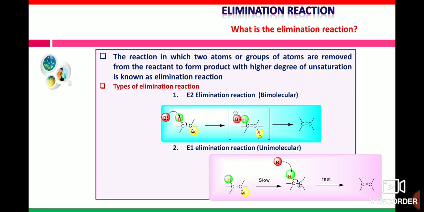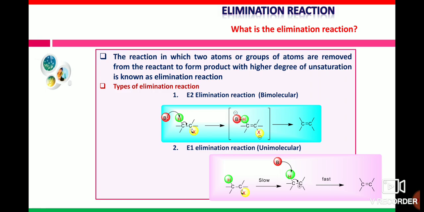In the second step, base abstracts the beta hydrogen and pi bond formation occurs between alpha and beta carbon to give the alkene product, the unsaturated product. This mechanism is known as E1 elimination mechanism. E1 reaction is a two-step reaction.